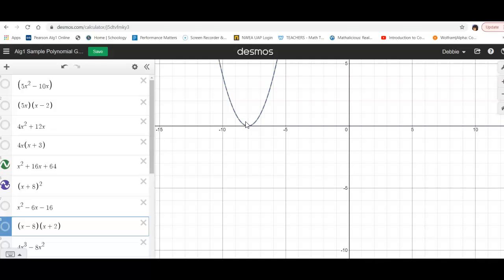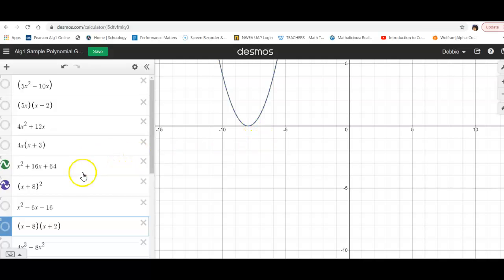So what I was hoping that you would notice in these three examples is that these factors tell you where the parabola either crosses or touches the x-axis. And it happens to coincide with how you make y equal to 0.